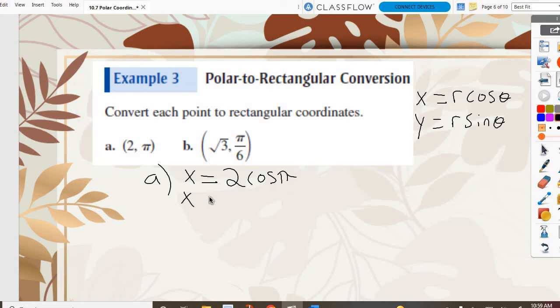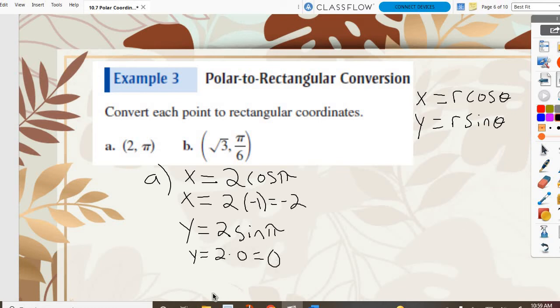What is cosine of pi? -1. Which is overall -2. So then y would equal 2 sine of pi. But what is sine of pi? 0. So we get 0, which means that our overall point is -2, comma, 0.